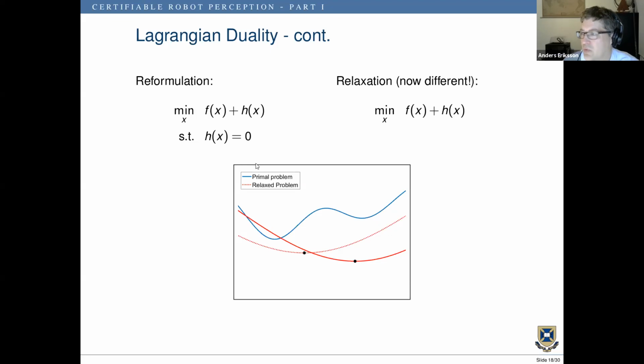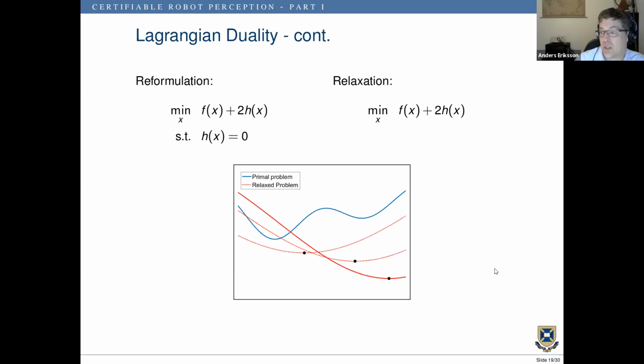And if we do the same thing, we solve this relaxed problem, we get a slightly different one. If we solve this one, it might look something like this, and we arrive at a slightly different relaxed solution. We can do the same thing: we can add 2 times h of x to the objective, relax that, and we arrive at yet another relaxed version of our original problem.